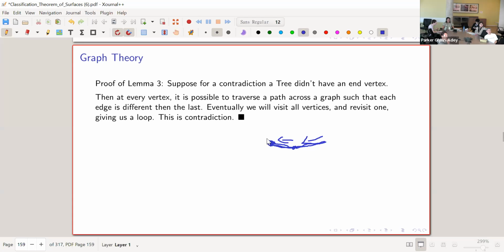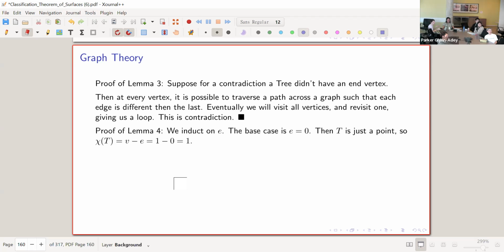And this will visit a new vertex. And then it's the same thing for this vertex. And eventually we'll create a loop because we'll go back to one we already visited. And well, that's a contradiction because trees don't have loops. So if this was true, then whatever we have can't be a tree. So that must be a contradiction.